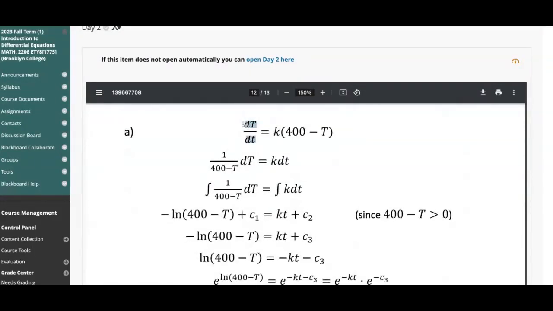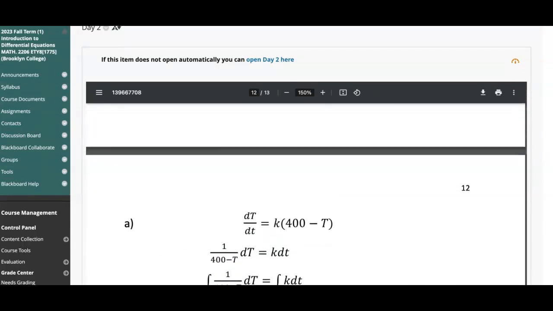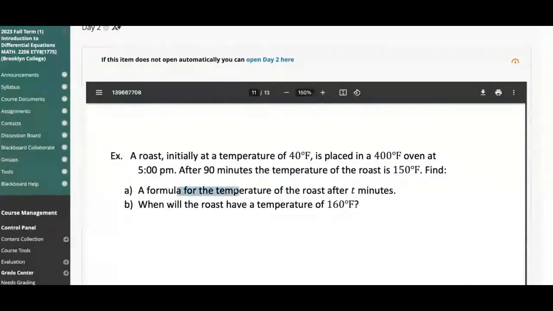We just use the proportion equation, right? So dT over dt equals k times 400 minus T, where T is the temperature of the object at any time. We want to find a formula for the temperature, and initially it is 40, so this is the initial value.